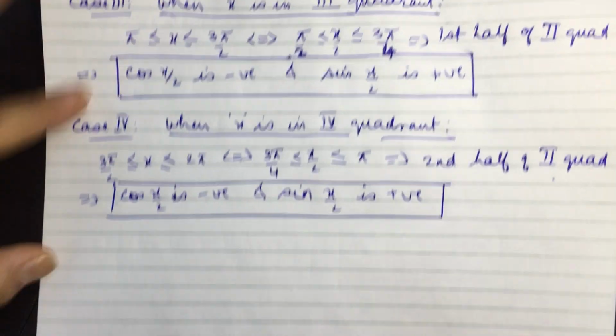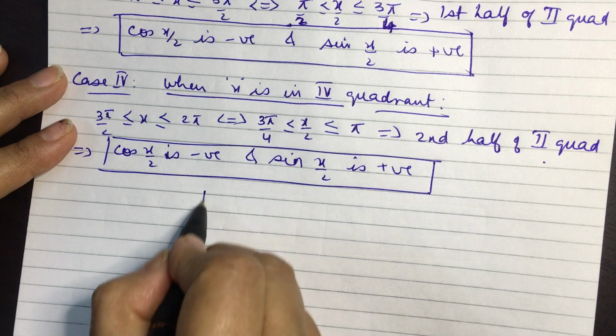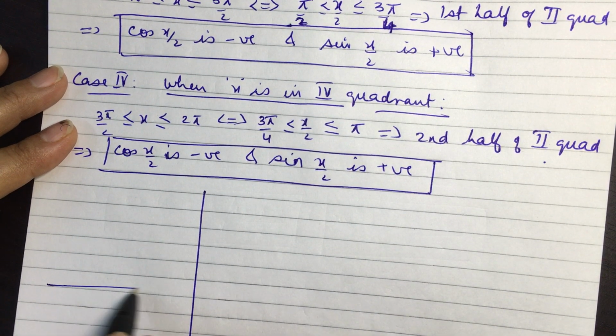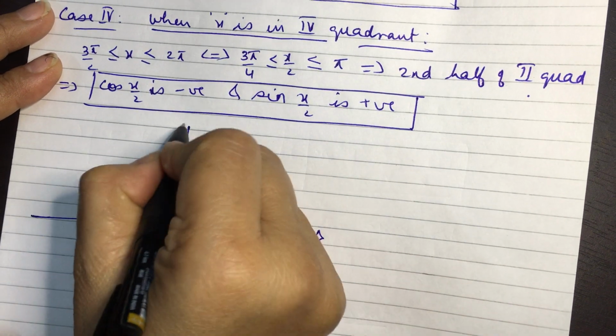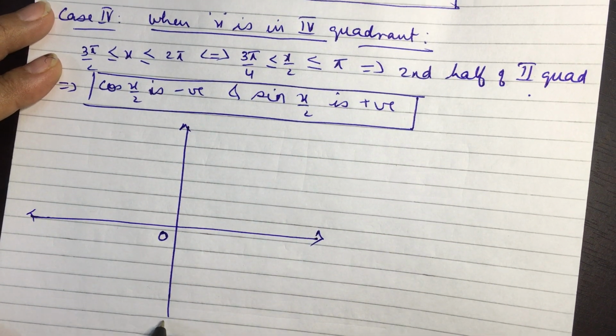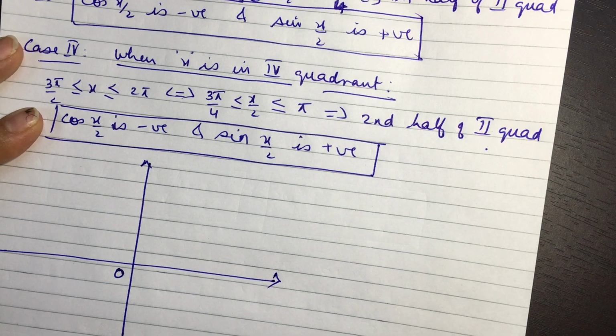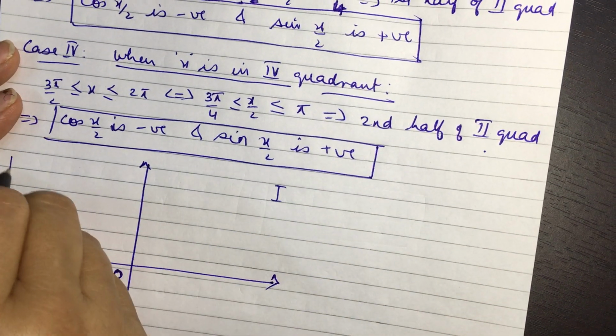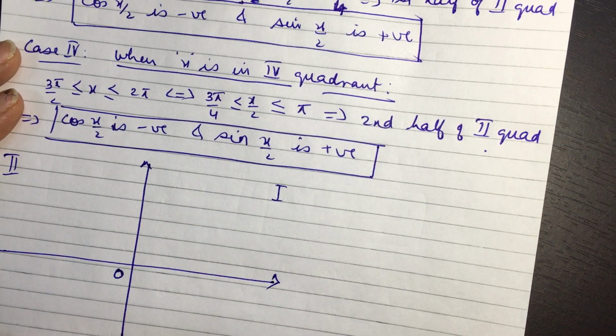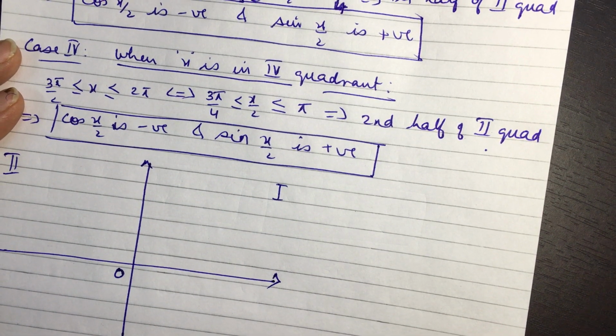And we can quickly see it in graph form if you have the xy plane. Okay, so what did we observe? Now when the angle x is in the first quadrant, this is second, this is third, this is fourth.